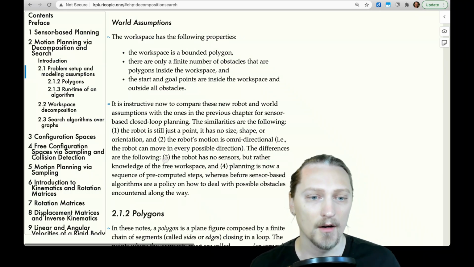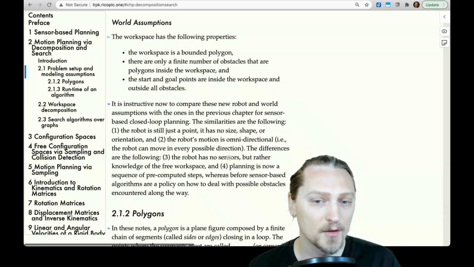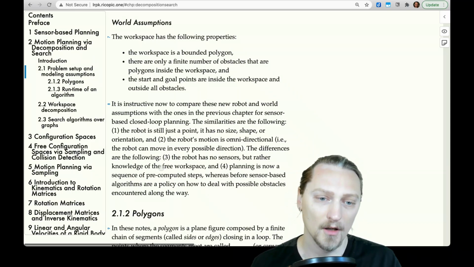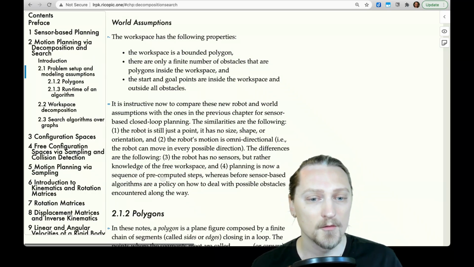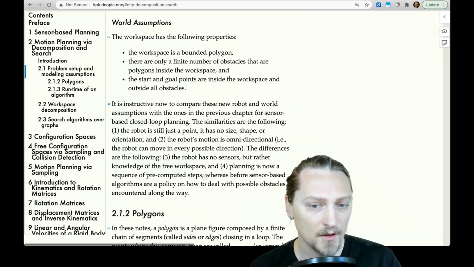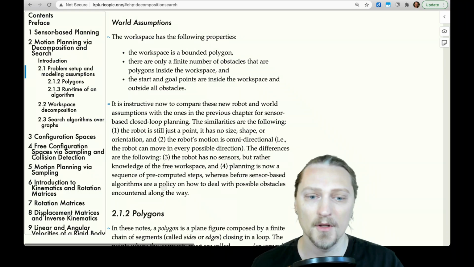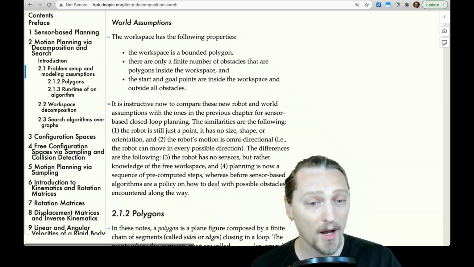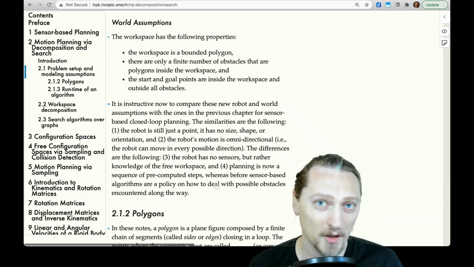The differences are the following. 3, the robot has no sensors, but rather knowledge of the free workspace. And 4, planning is now a sequence of pre-computed steps projecting into the future, whereas before, sensor-based algorithms are a policy on how to deal with possible obstacles encountered along the way. And we don't know what they're going to be.